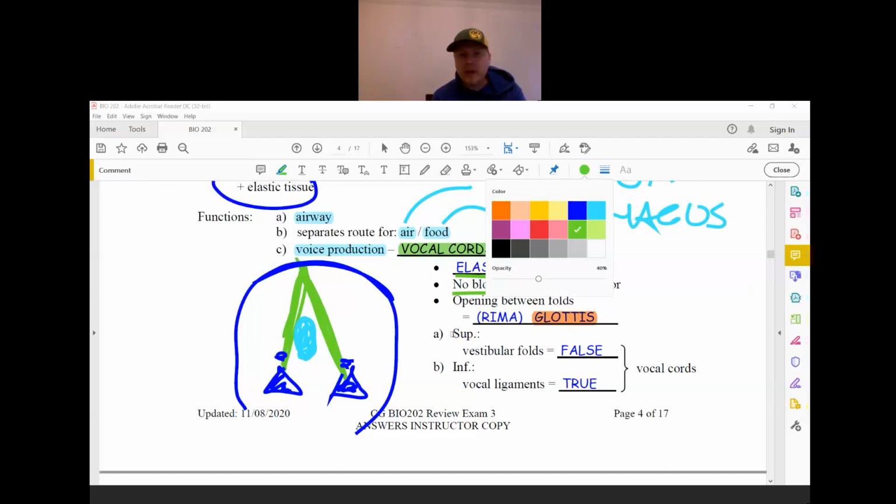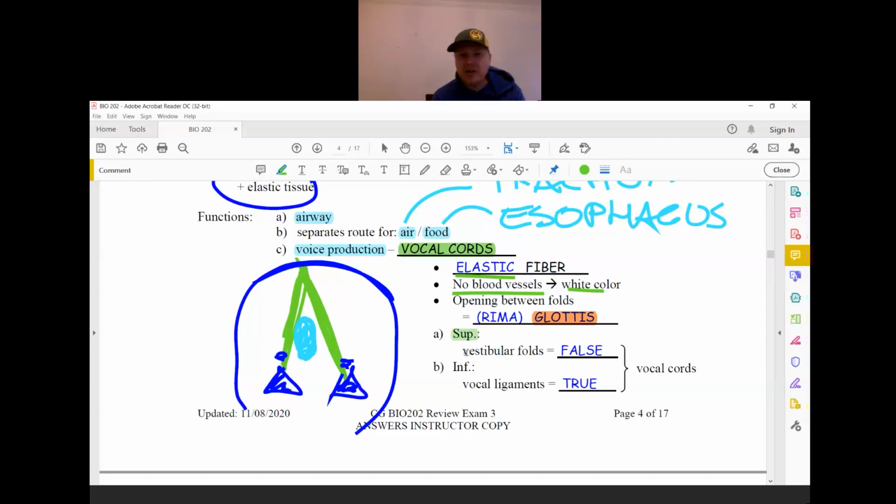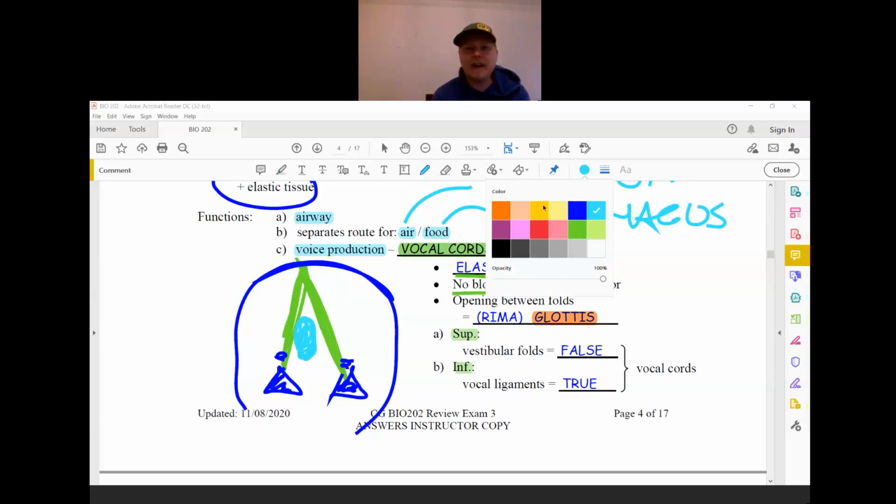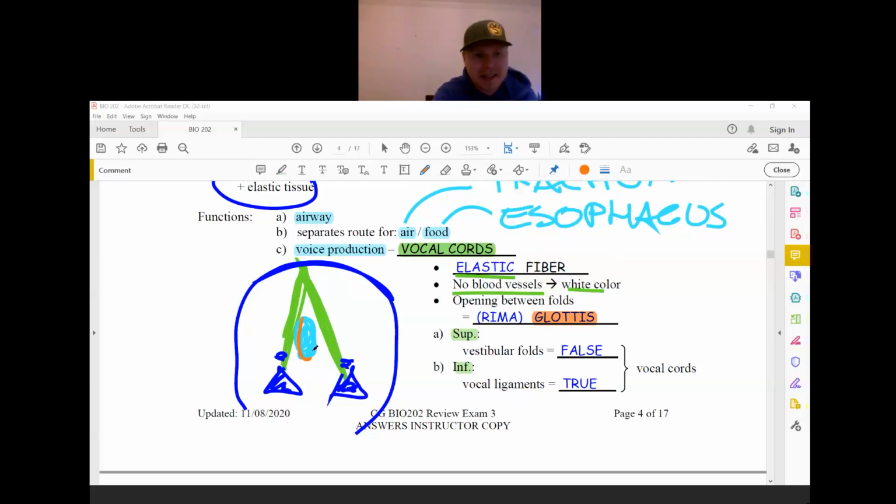So these superior ones are known as vestibular folds, whereas the inferior ones are known as vocal ligaments because they are the actual true vocal cords. They are the ones that play a role in voice production. Of course, I was meaning to keep the color of the glottis, the rima glottidis here, matching with our notes. So apologies for that change.